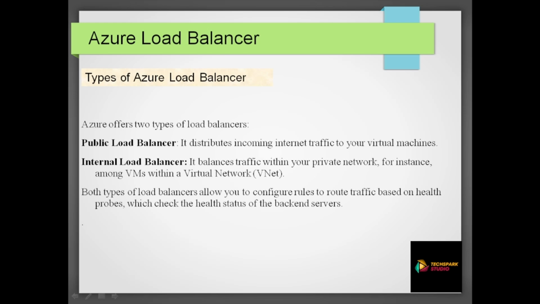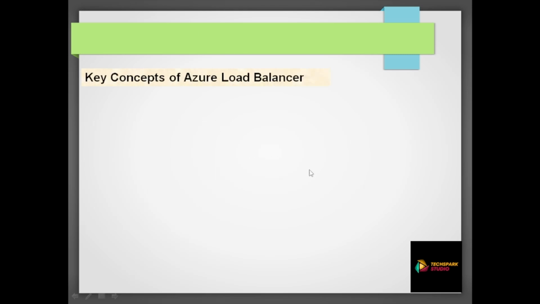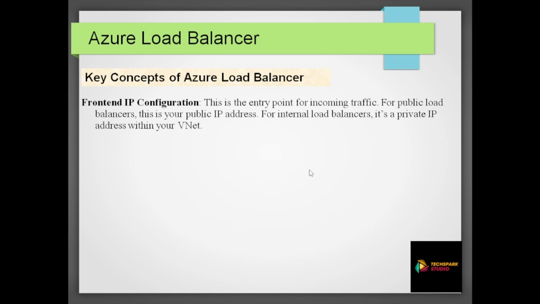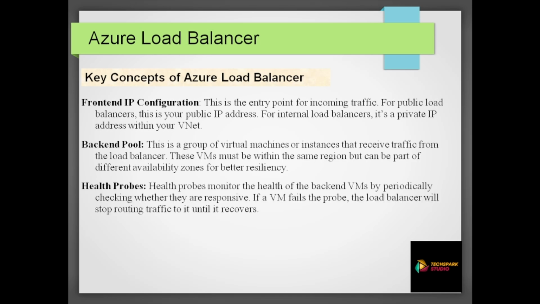Now we'll see key components of Azure Load Balancer. First, front-end IP configuration. This defines how incoming traffic will be received by the load balancer. Also, the load balancer has a public IP address for internet-facing traffic or private IP for internal-facing applications.